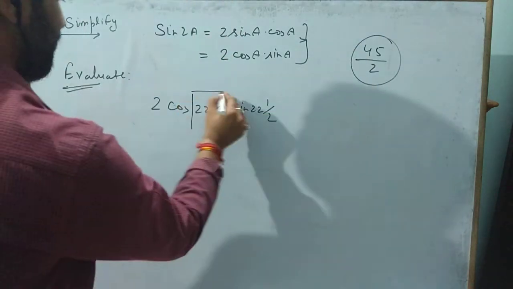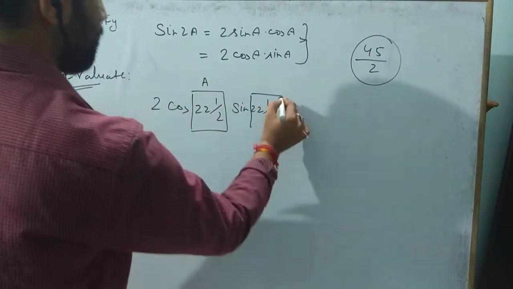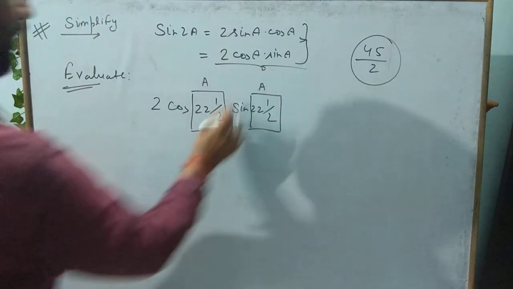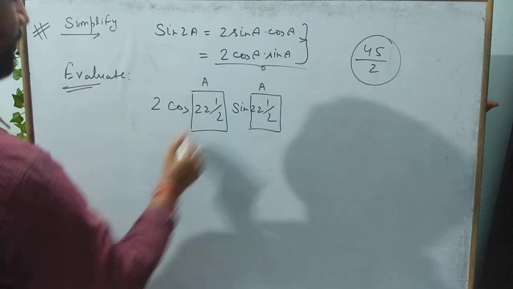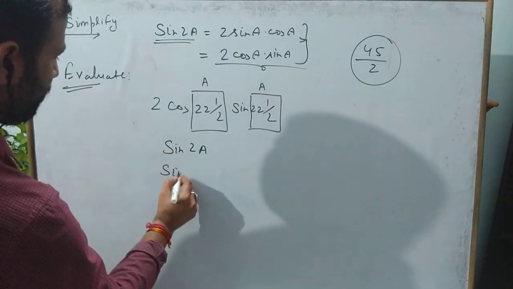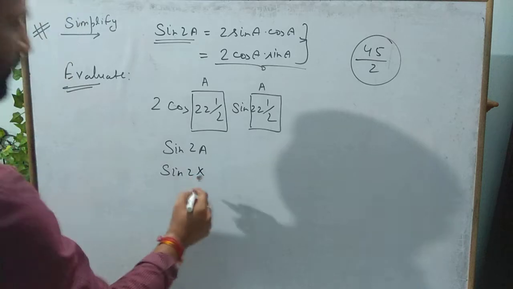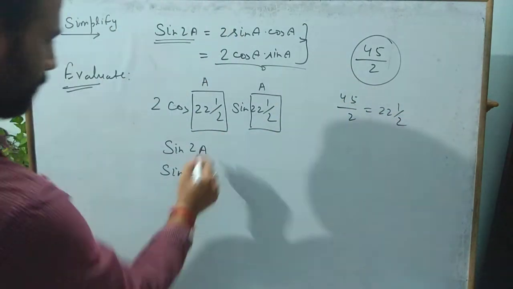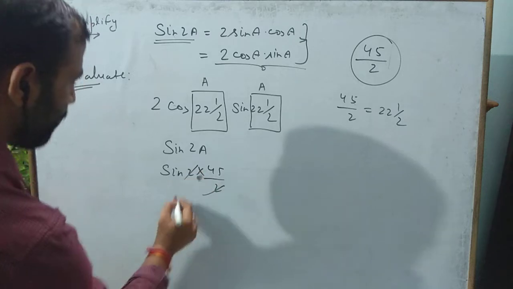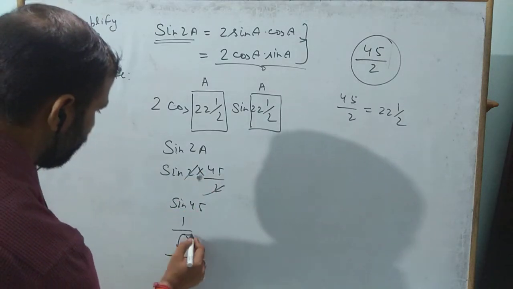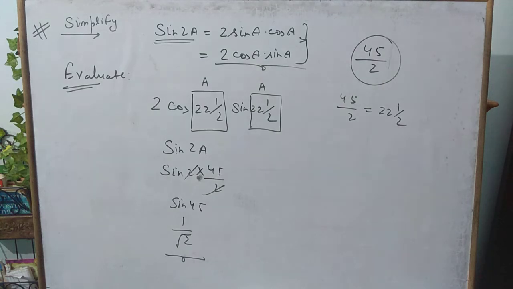So this angle is A, and the same angle is here too. So this is 2 cos A sin A, and the formula is sin 2A. So in place of A we write 45 by 2, and it cancels. So this is sin 45 and the answer is 1 by root 2, because sin 45 is 1 by root 2. So this formula can be applied to this question.